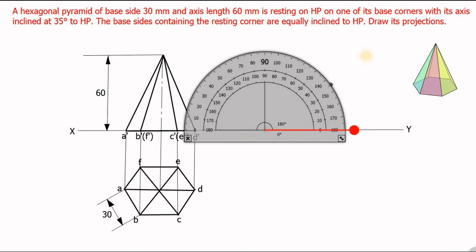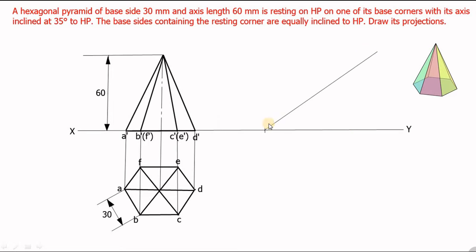Take the protractor, keep it anywhere over XY and measure 35 degrees. Draw the inclined line at 35 degrees to XY, that is 35 degrees to HP. We can fix the length later after measuring.